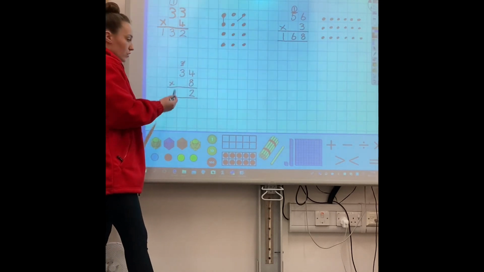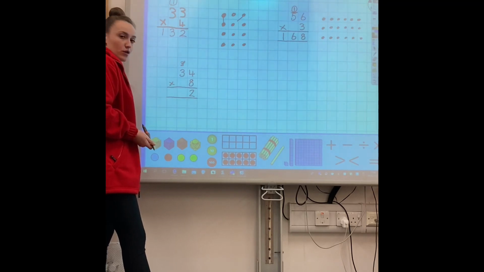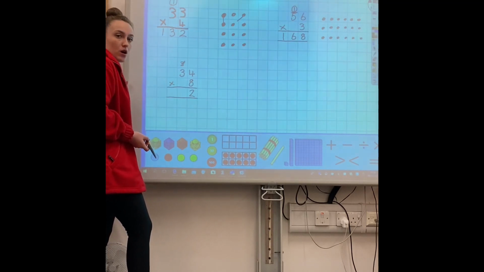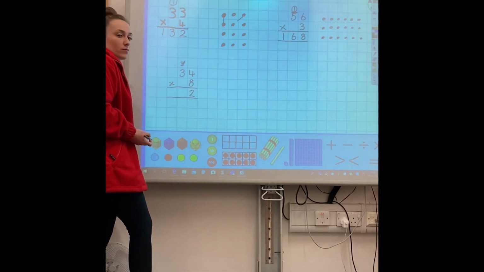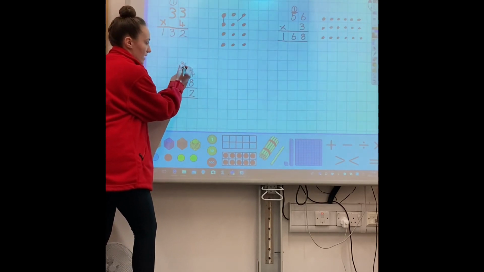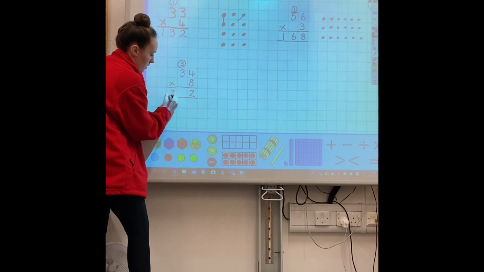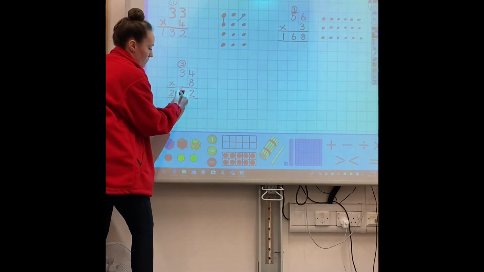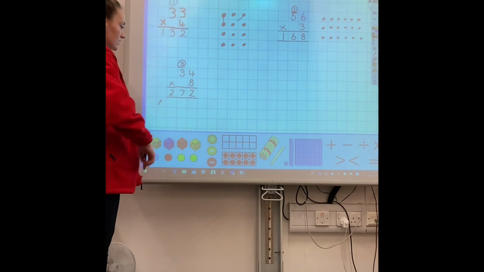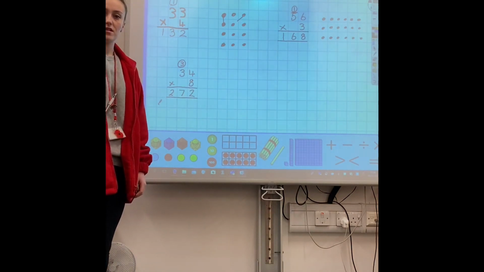Then I'm going to do 3 tens times 8. If I know 3 times 8 is 24, I know that 3 tens times 8 would be 24 tens. Add my 3 tens up here, which would give me 27 tens. So 34 times 8 would be 272.